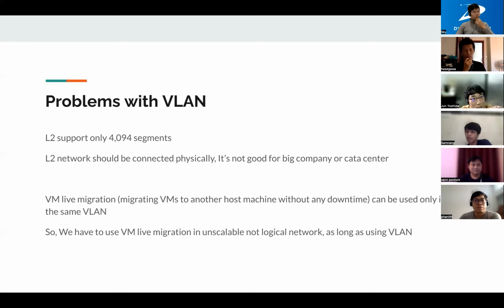The virtual machine has an IP address in a specific IP segment. When we turn off the instance and turn it on again, that virtual machine can be on the same machine, but it can also be on another machine. So it can move to another physical machine with enough CPU and memory resources. Every time we power off and power on the instance, it can move to another one.